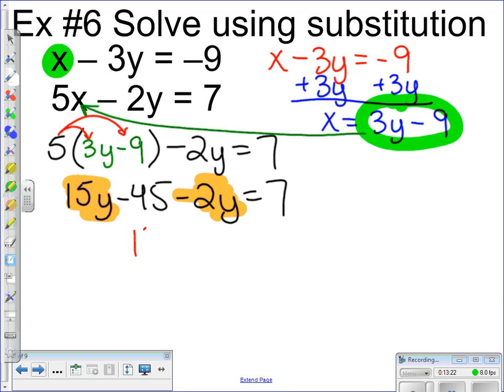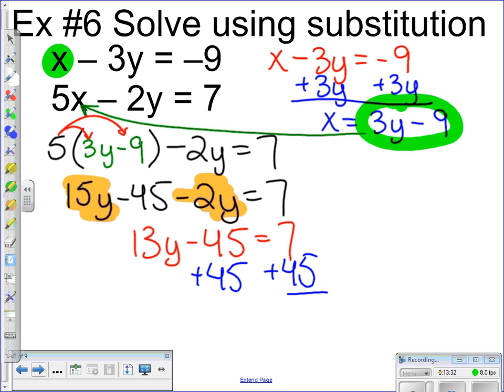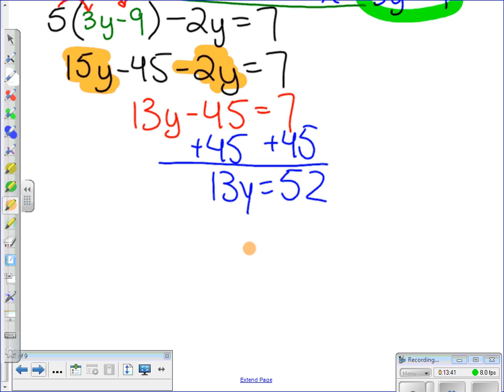That's 13y. Minus 45 comes down, equals 7. Add 45 to both sides. 13y equals 52. Divide by 13. y equals 4.